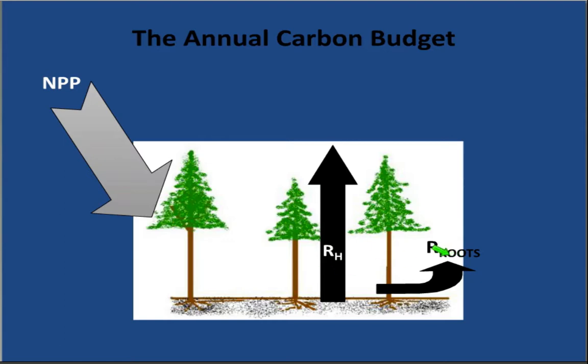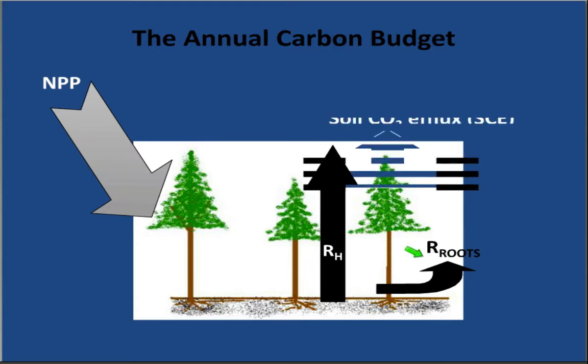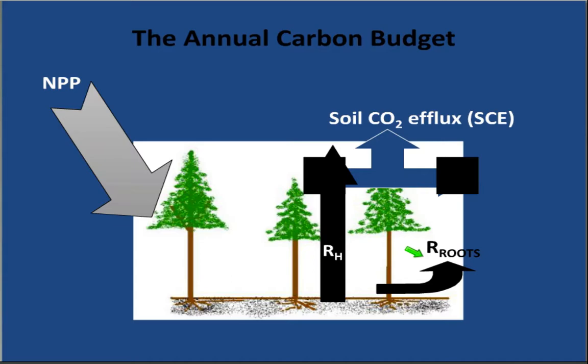It would be a perfect world if we could easily separate these two things, but unfortunately we can't. What we effectively do is measure the two of them together as soil CO2 efflux, or what is often known as soil respiration.